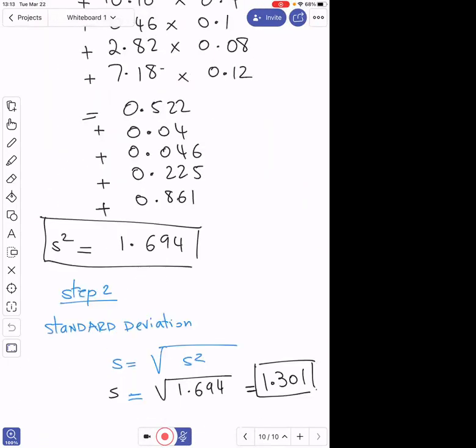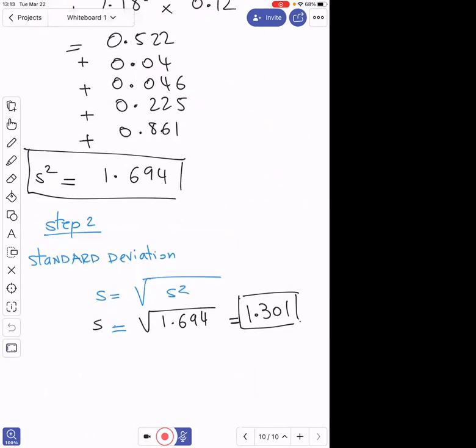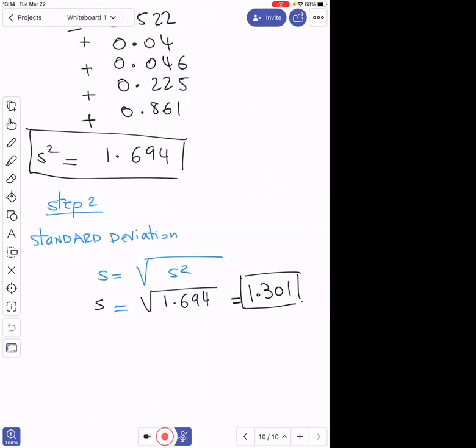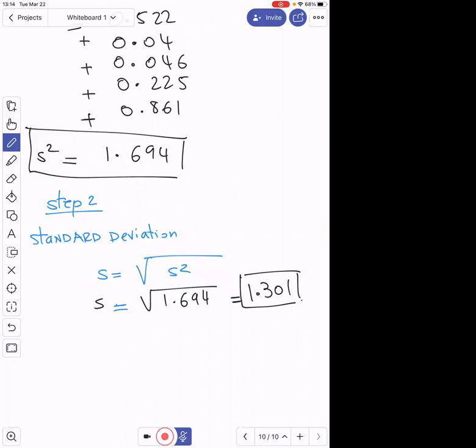Answer for this one, what would be the sentence? 1.30 means what? So that's the spread.